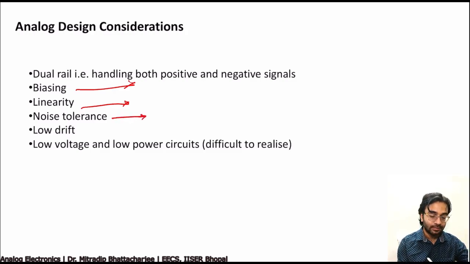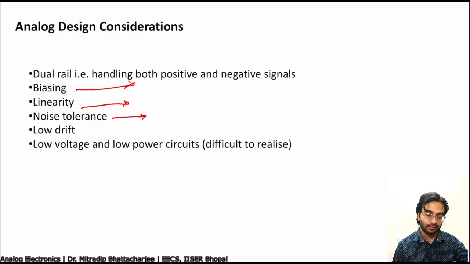Noise tolerance. You have to take care of the noise tolerance, because analog circuits are not immune to noise. Low drift means your power supply should not drift from one value to another. You have probably biased it at 5 volts, suddenly it became, say, 4.2.